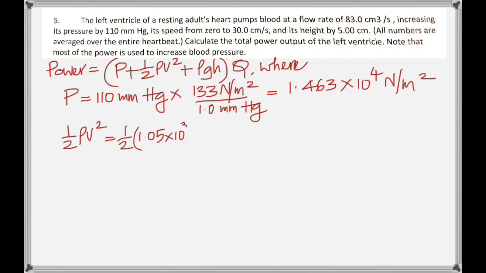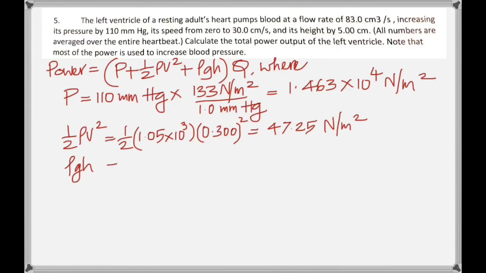Then you've got to find 1/2 rho v squared, that's the density of blood, and then you have the speed. 30 centimeter per second should be changed into meter per second. That's why it's 0.3, which gives you 47.25. Look at the unit. It's consistent, right? All three terms must have the same units because you're adding them.